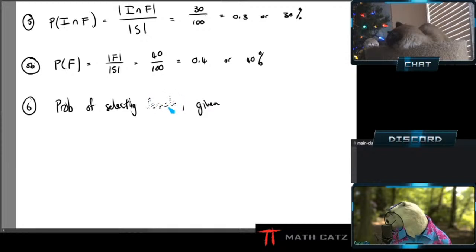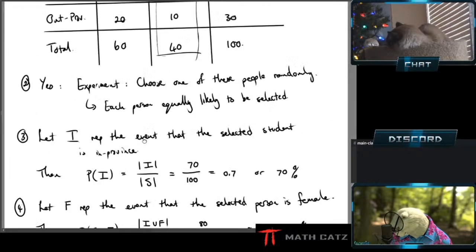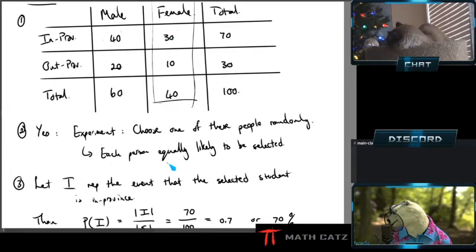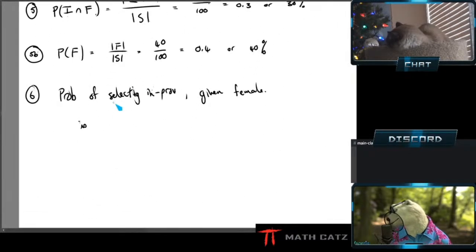Female is given. There. The probability of selecting in province given female is, say, 30 out of 40. I can calculate this or whatever, right?